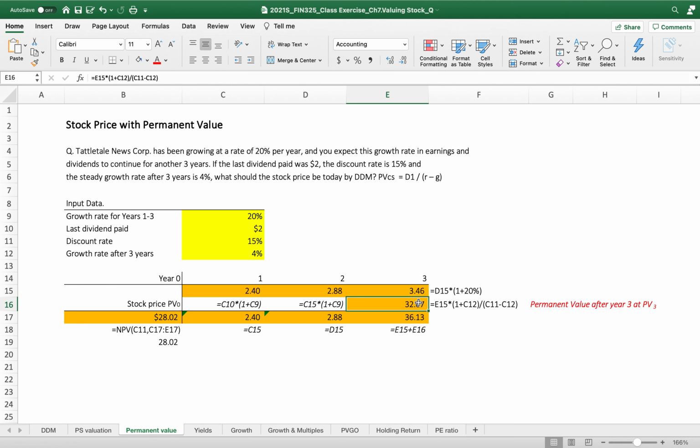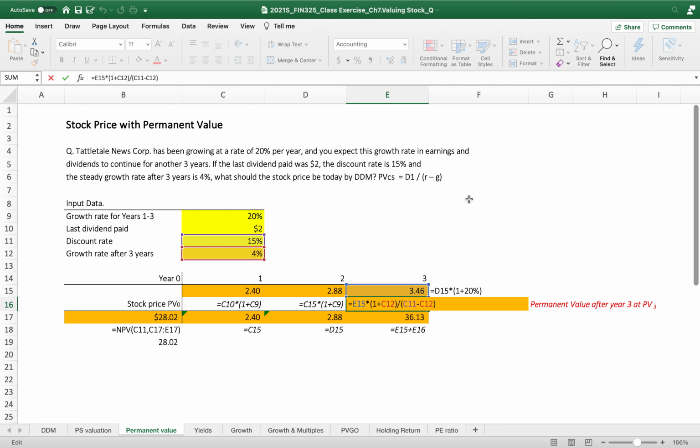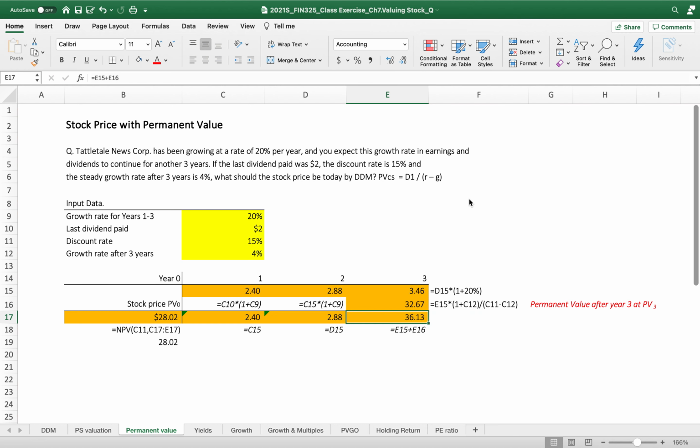At the end of year 3, considering the future value after year 3, the present value at year 3 is the dividend 4 divided by R minus G, the growth rate after year 3. So we got this permanent value.